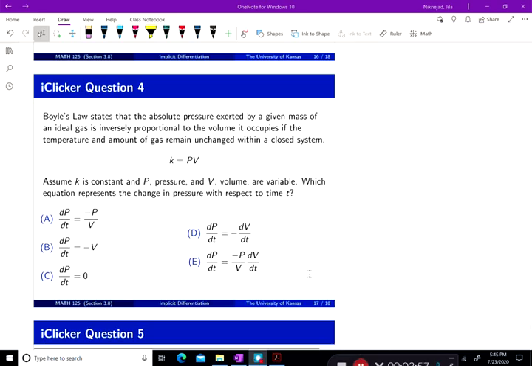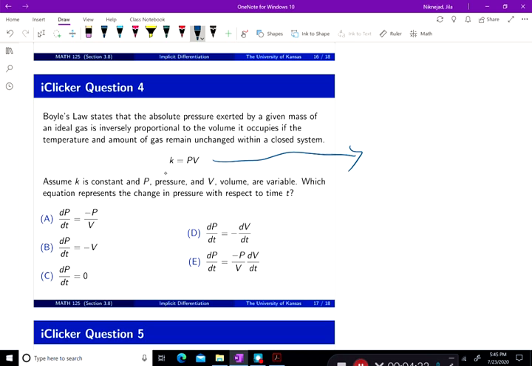Hopefully we took a break and observed that this problem belongs to implicit differentiation. So that's what we're expecting to do. This means that P and V are both functions of time, and K is constant. So I take the derivative of both sides with respect to time.